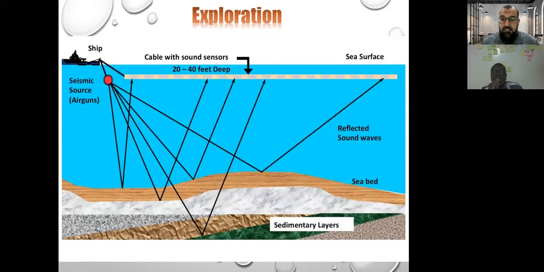This 3D image will give the people working in this field an idea about the condition of this area, the condition of the gases and oil, the amount of this gas, and the possibility to explore in this area or not.